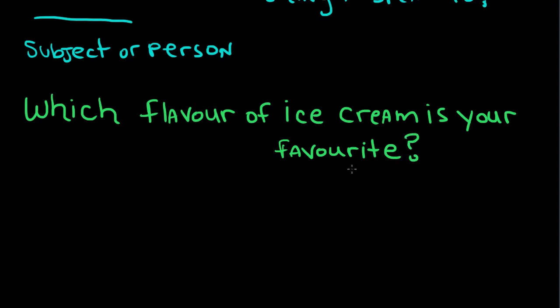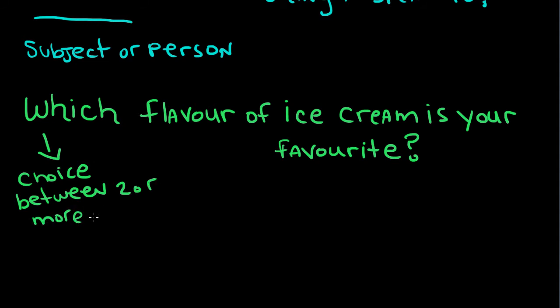Which flavor of ice cream is your favorite? Which means we have a choice between two or more things. Two or more nouns, so it could be things, places, or people.